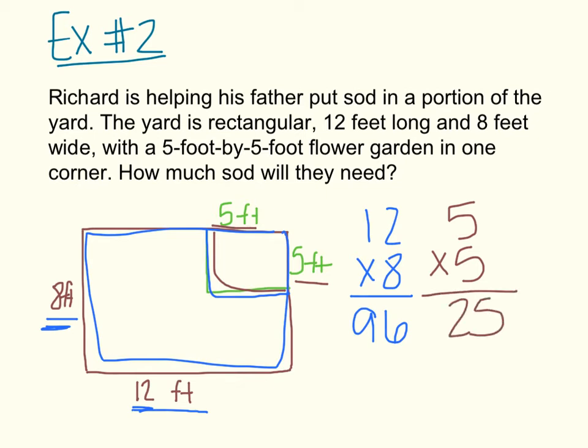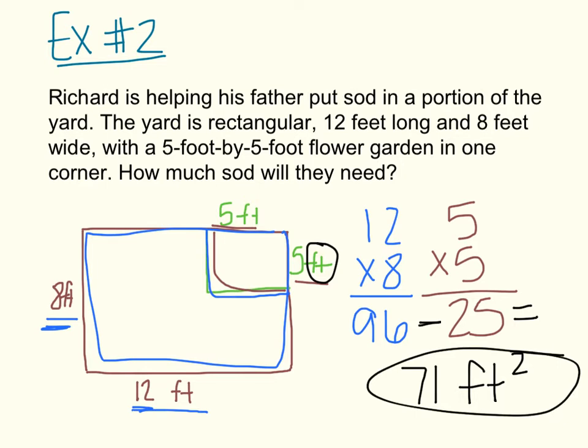Since we don't need to cover that part, let's subtract it from the total. We found the total of the whole yard, and now we're just subtracting the garden because we don't need to put down any sod there. So when we subtract 96 minus 25, we get 71 feet squared. And here's where feet came from. So that is the area they're going to need to put sod on.